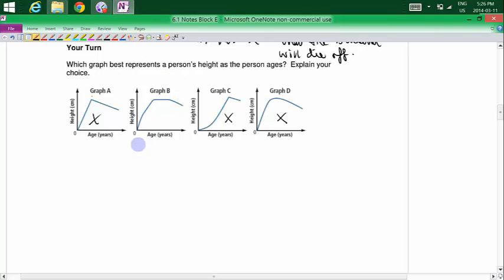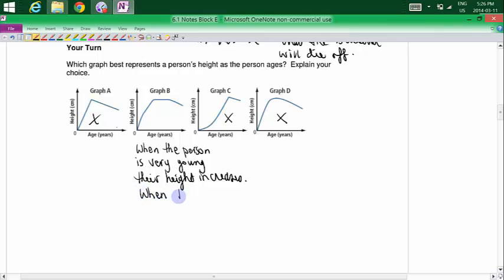So when the person is very young, their height increases. When they reach physical maturity, their height remains the same.